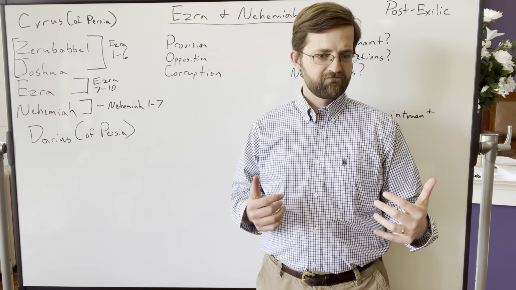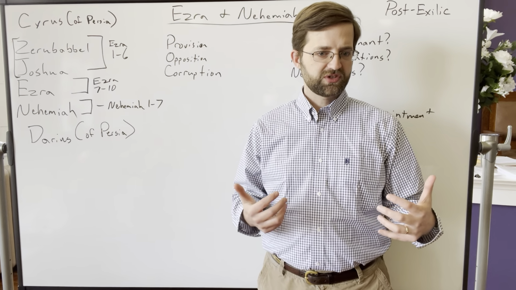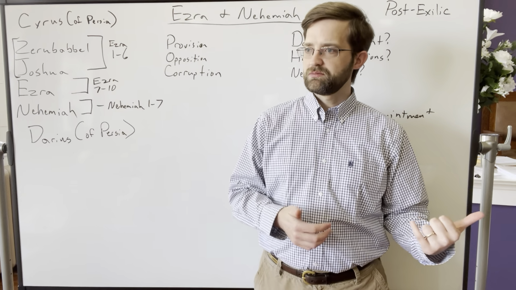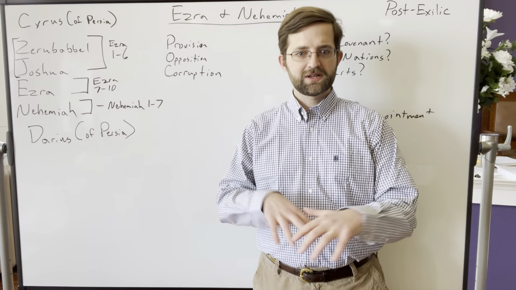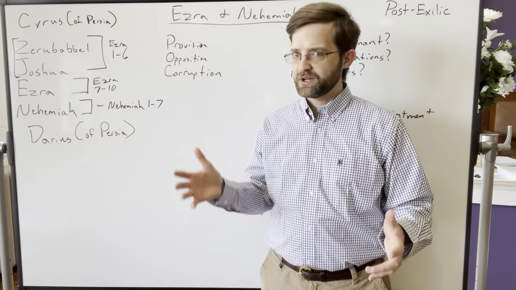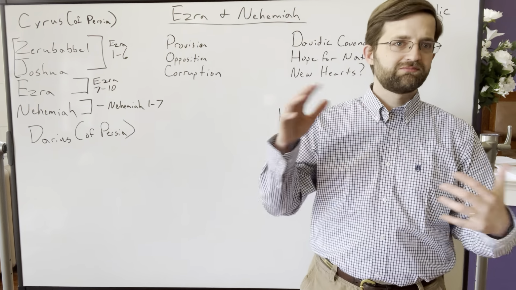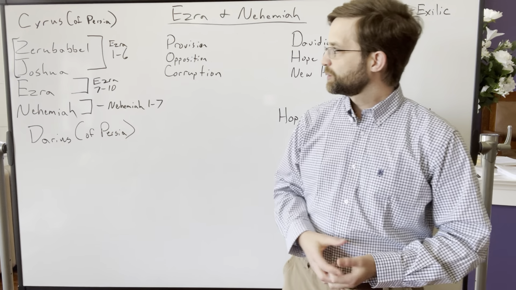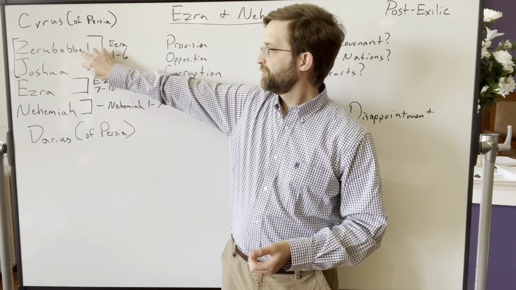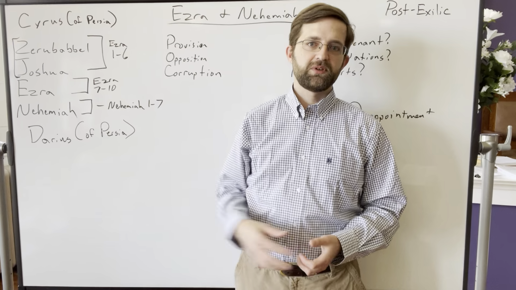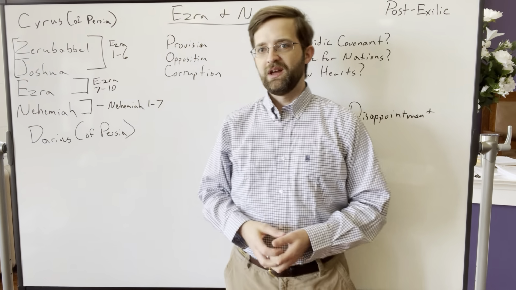As for the contents, there are 3 groups of exiles that return, and there's a common arc to their story. The first wave of exiles returns under the leadership of Zerubbabel and Joshua.